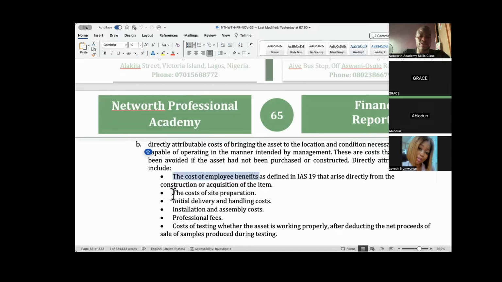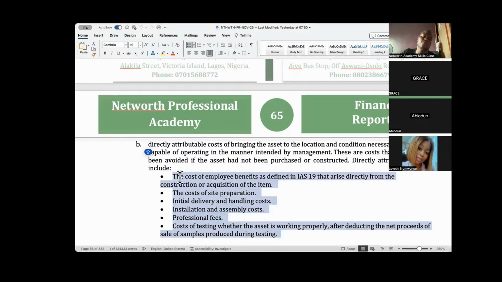Also is the cost of site preparation, initial delivery and handling costs, installation and assembly costs, then professional fees, and costs of testing after deducting the net proceeds from sales of samples.